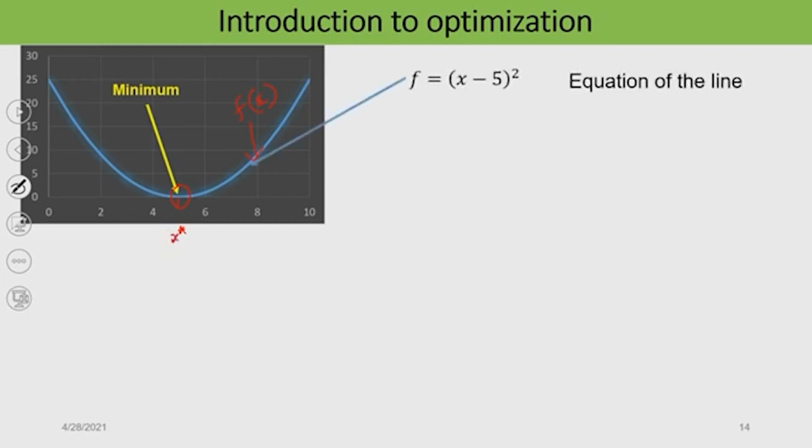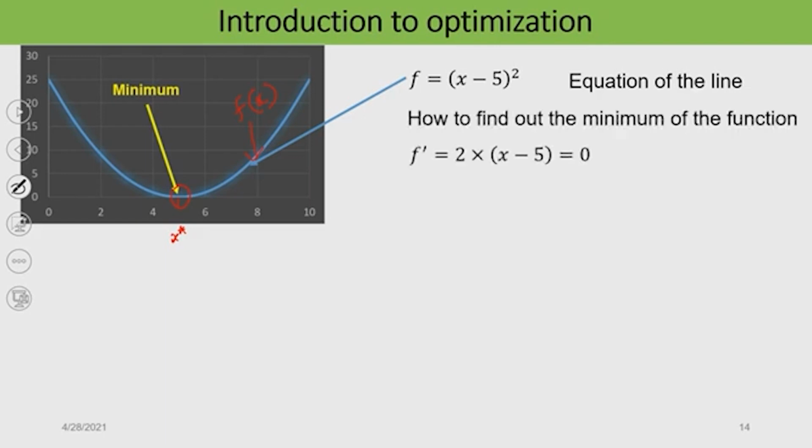Now, this function is f equal to (x minus 5) whole square. This is the equation of this particular function. How do we find this minima or maxima? I will take the first derivative. What is the first derivative here? It is 2 times (x minus 5), and the first derivative is set equal to 0.